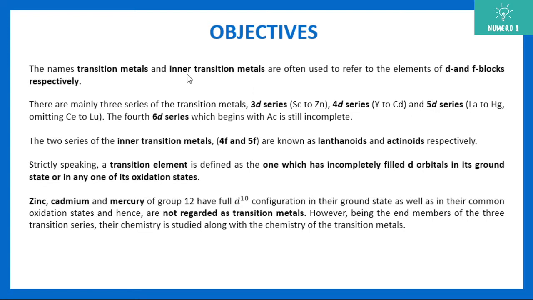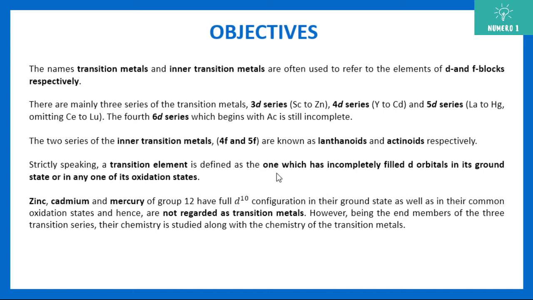Same way, when we talk about inner transition metals, that is f block elements, we study two series, that is 4f and 5f series, which are again known as lanthanoids, that is your 4f series, and actinoids, that is your 5f series. Now, strictly speaking, the transition elements are the ones present between s and p block.